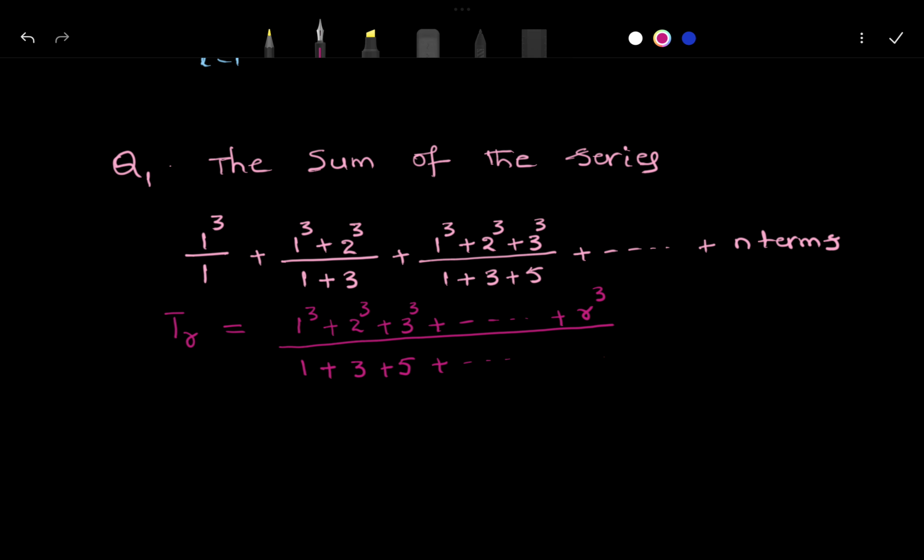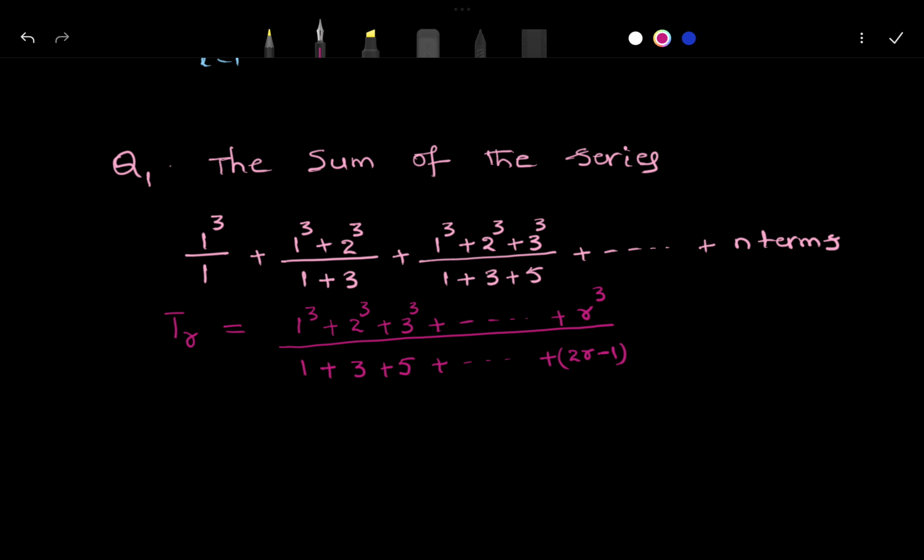So clearly 1, 3, 5 are in arithmetic progression. What is the nth term formula in arithmetic progression? That value will be a plus n minus 1 into d. By using that formula, here in the denominator the last term will be 2r minus 1. So this one is the rth term.